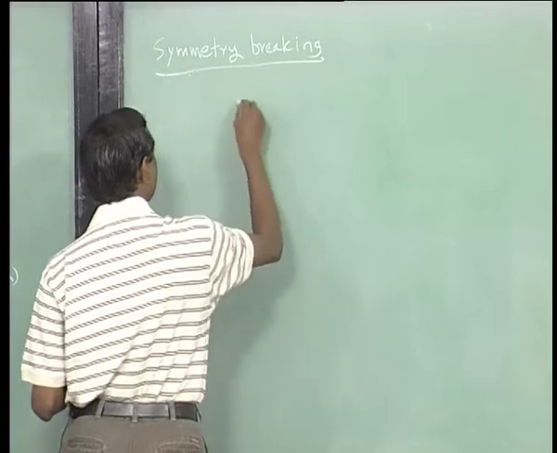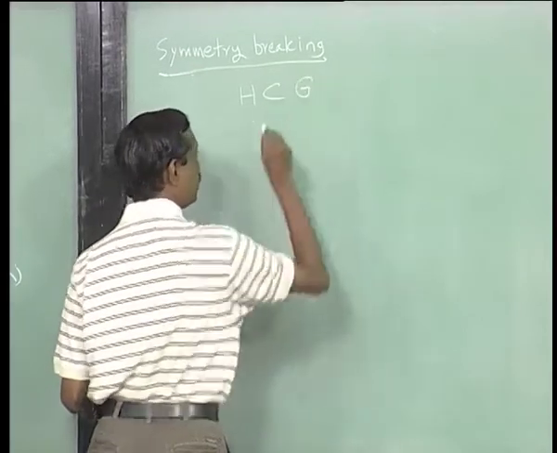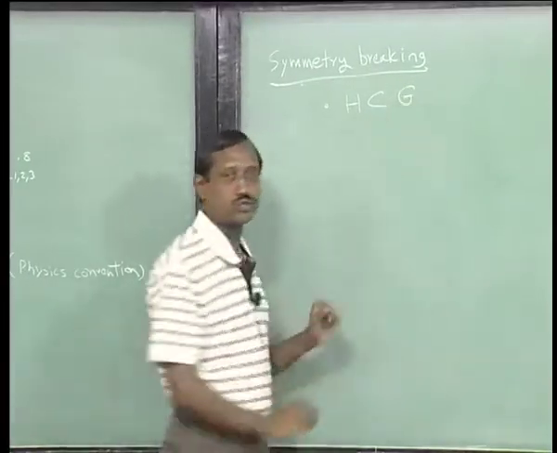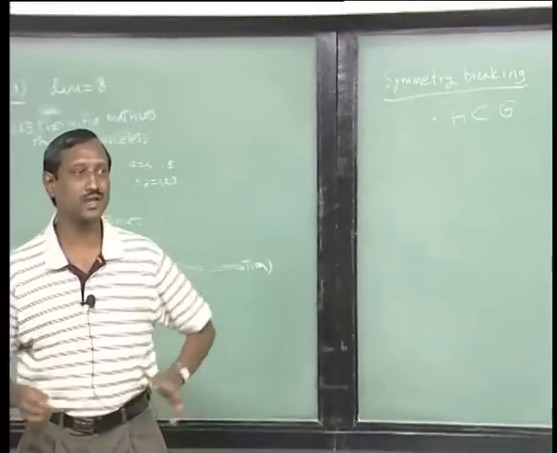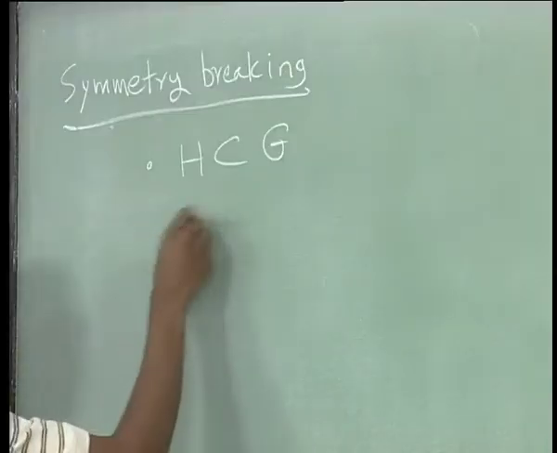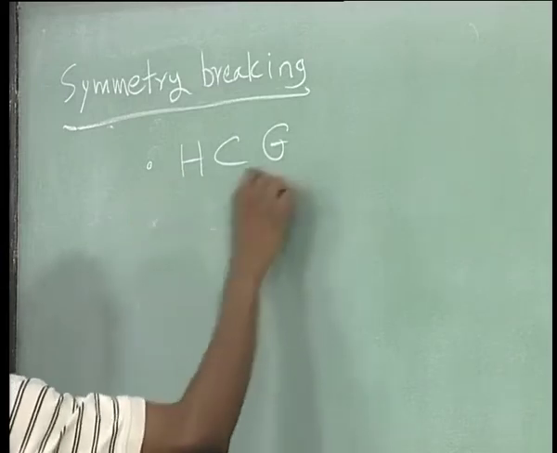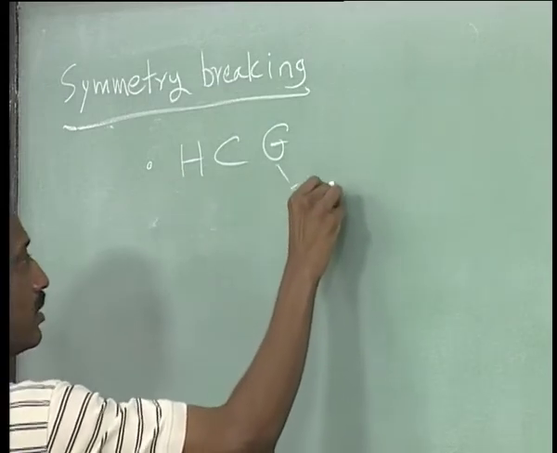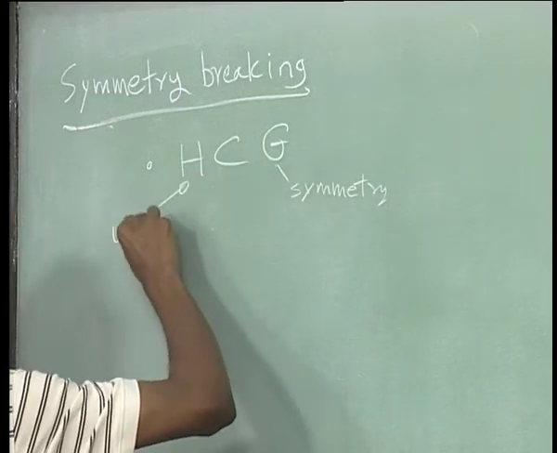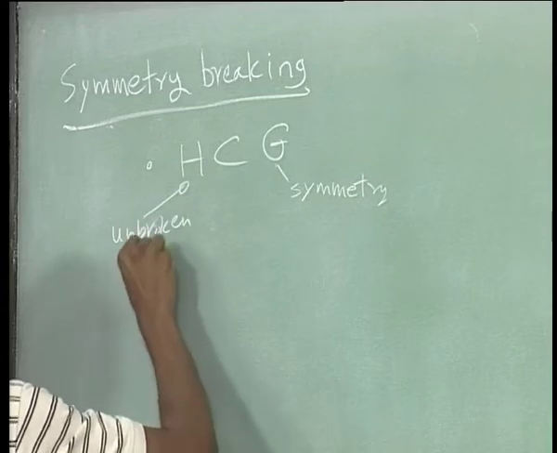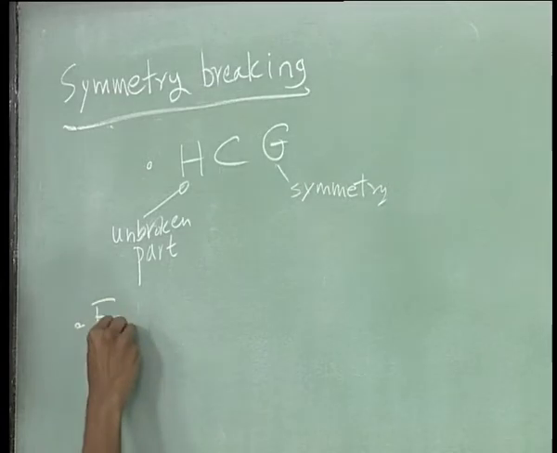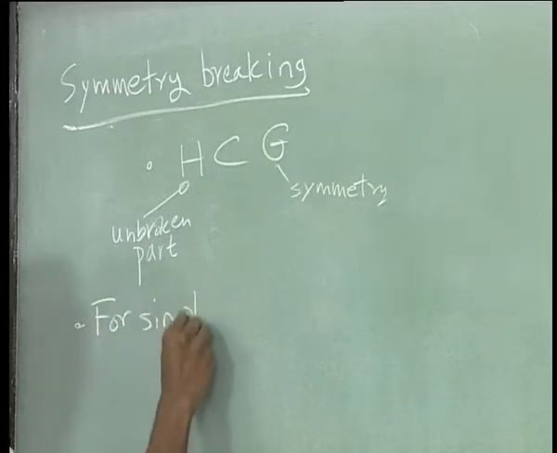Let us say that H is some strict subgroup of G. As usual, G is the symmetry of the theory and H is some subgroup which is preserved by the classical vacuum, so this is the unbroken part. Further, for simplicity we will assume both are Lie groups.